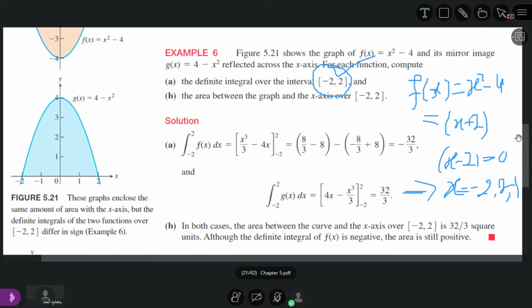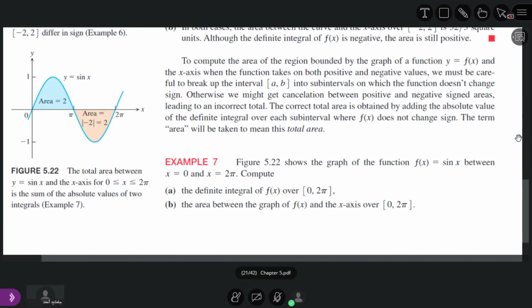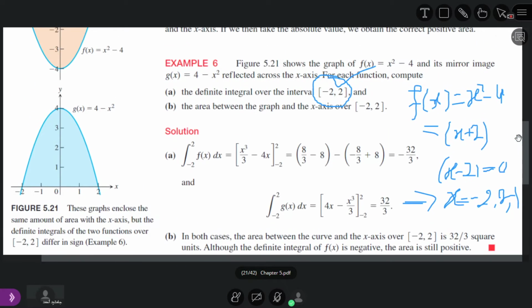Then we evaluate the integral on each sub interval, take the absolute value of each result, and the sum of these absolute values is called the area.